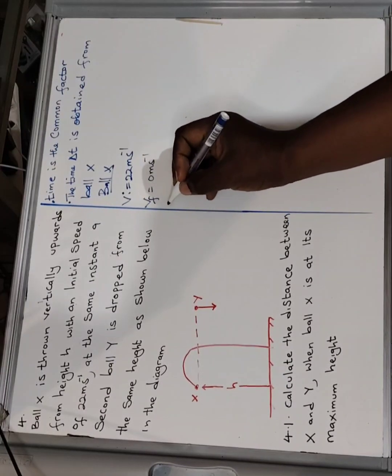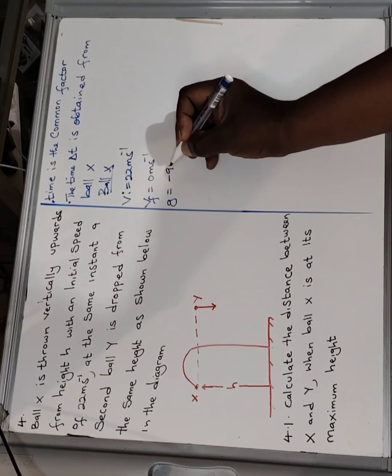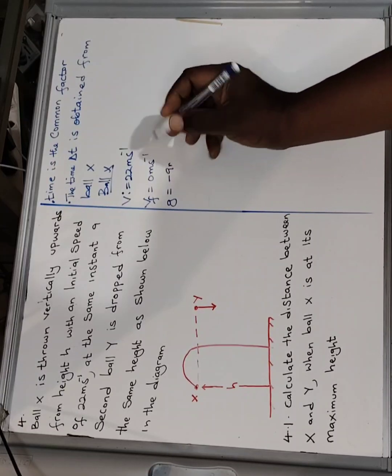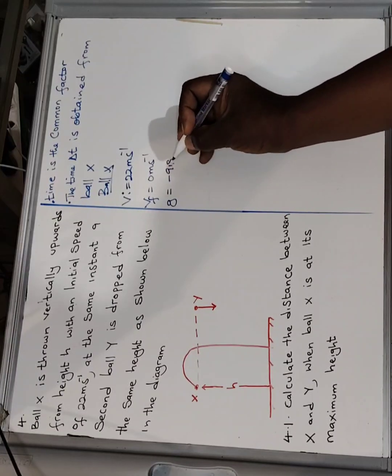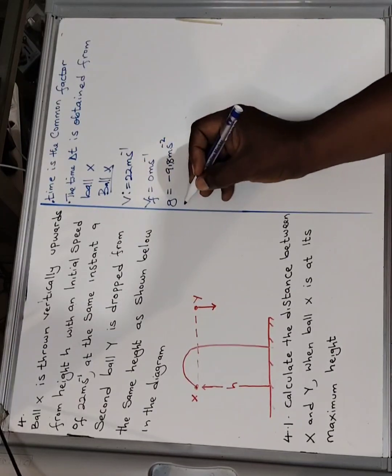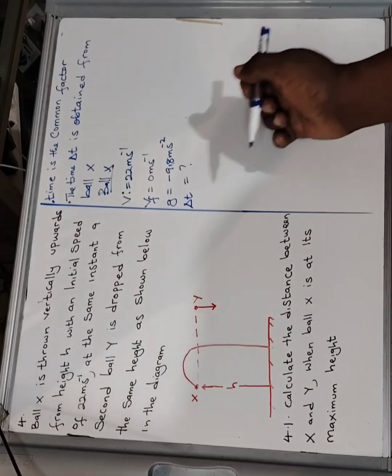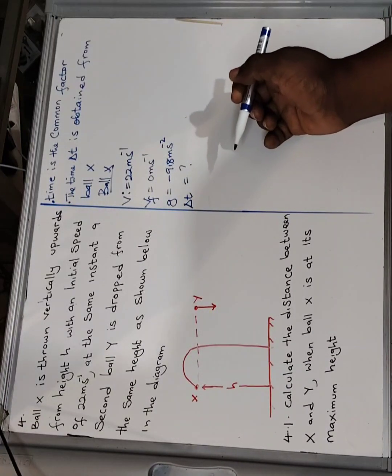What else do we know? We know our g is going upwards, which is negative 9.8 meters per second squared. And then our unknown is delta t. When you look at this data, which equation is this one?